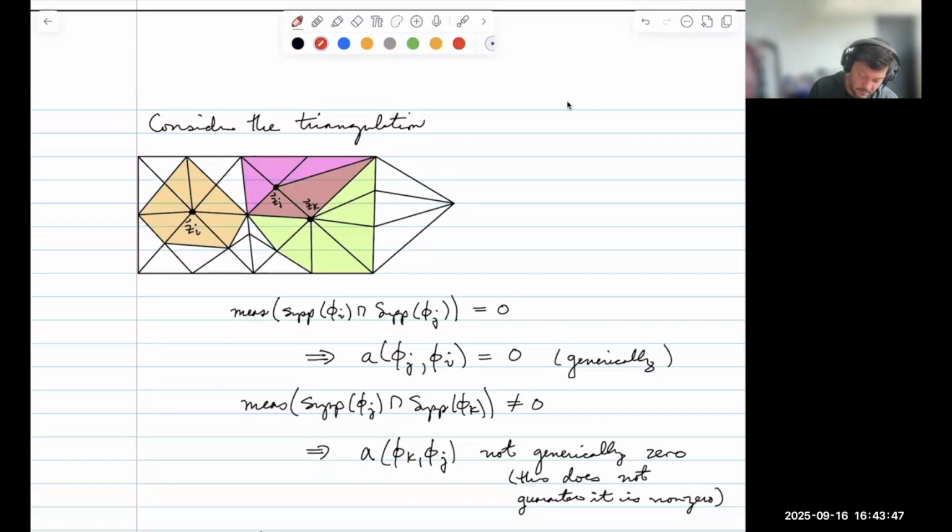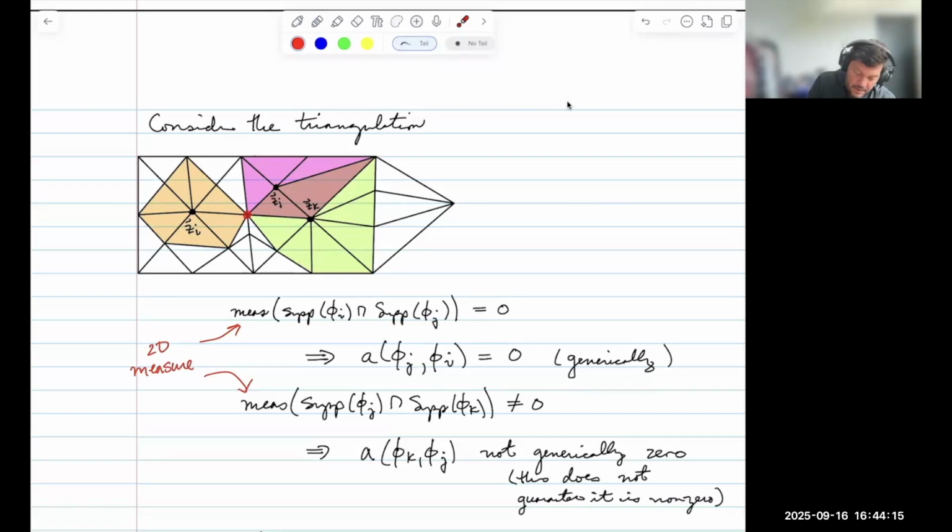So let's say that 2D measure, 2D Lebesgue measure, okay? You know what the measure of a set is. It's just going to be its area. Now, you might argue that support intersects support, and actually that intersection is non-empty.